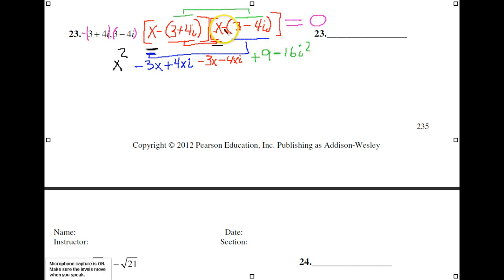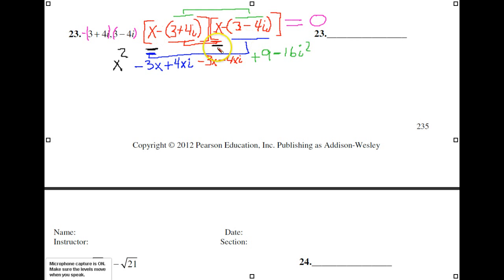And keep in mind, there's a negative outside this. So it's going to be a negative x times 3, which will give us a negative 3x. Then it's going to be a negative x times a negative 4i, which gives us a positive 4xi. Those are my outers.